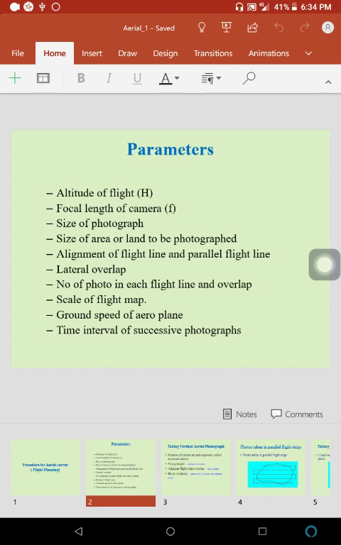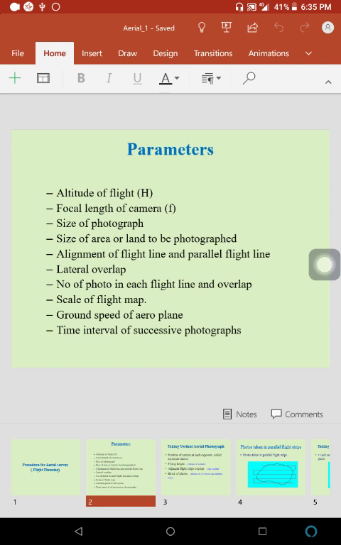The different parameters to be considered during aerial photogrammetric planning are the flying height, that is the flying altitude, the height at which the aircraft is to fly, then the focal length of the camera. Camera means aerial camera, which governs the flying altitude.